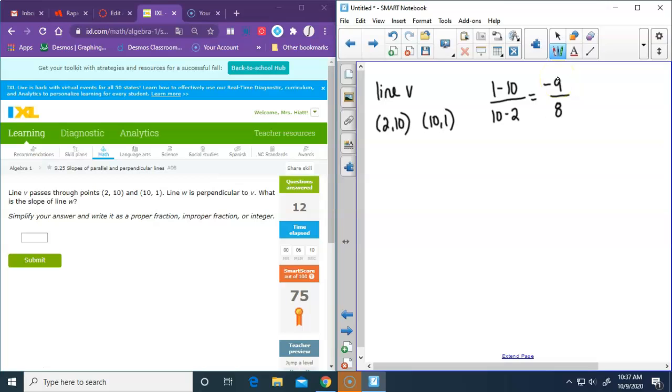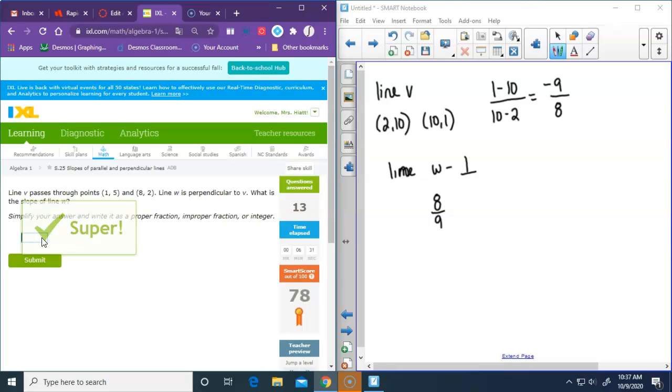This is the slope of line V, but line W is perpendicular. So for line W, we have to flip this fraction and change the sign. So we'll get positive 8 over 9 for our slope for this problem. So let's put that in.